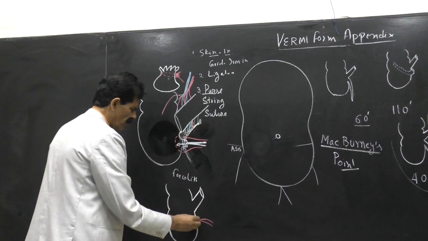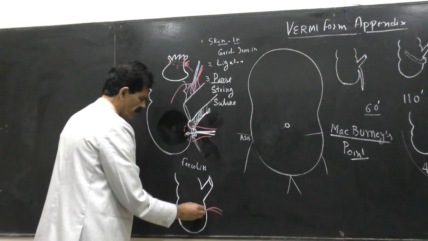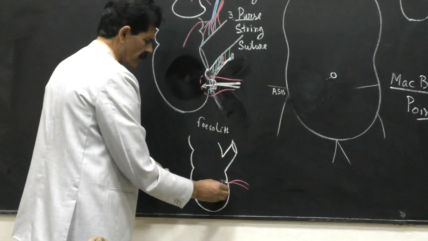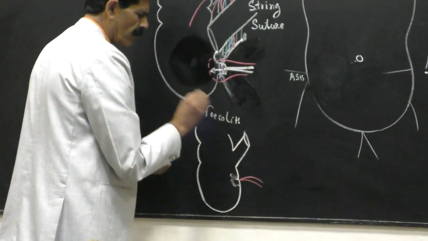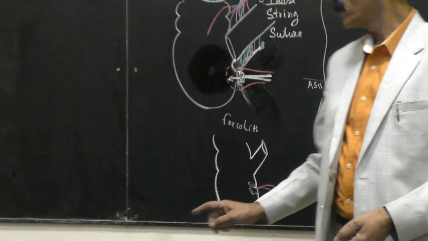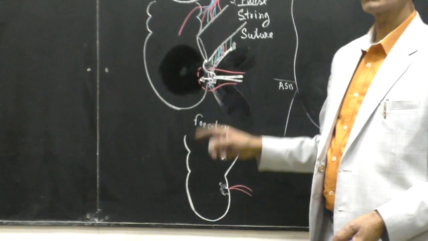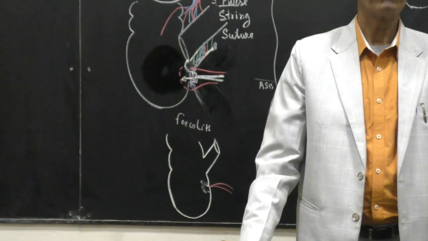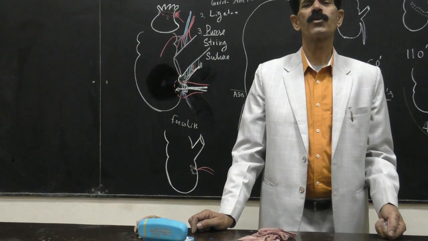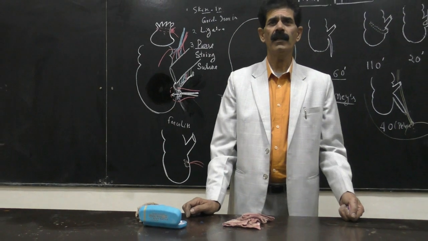So the stump has gone inside. Such a maneuver is called the purse string suture, and it will prevent all the complications which may arise from the stump of the appendix post-operatively. That's all about the appendix.